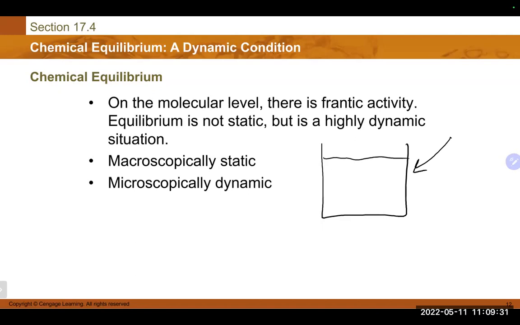But there is a lot of activity actually happening in an equilibrium process. You have your reactants going to products, and your products going to reactants. If you super zoom in on the molecular level, there is a lot of activity happening to maintain that big picture where it just looks red and nothing much is happening.